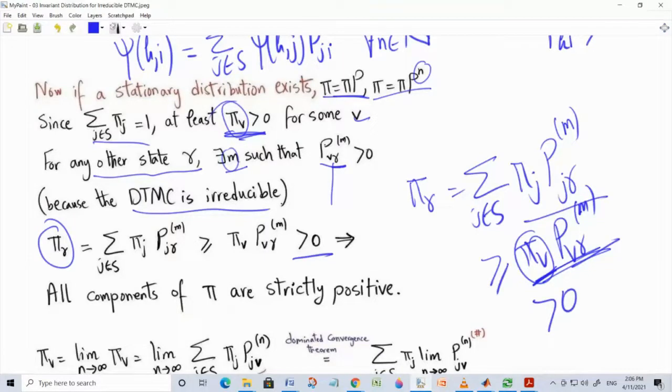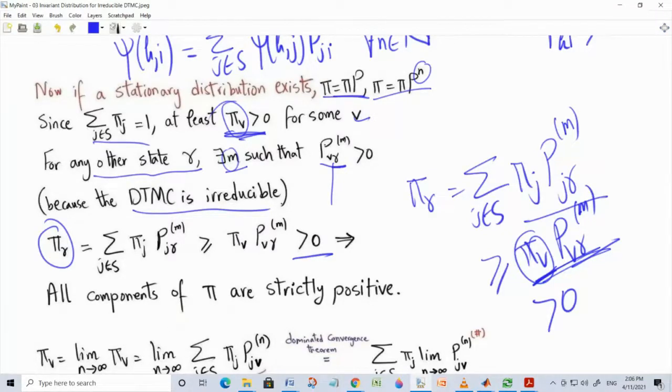So if we start our argument by saying we have an irreducible chain. Now I am not saying that one state is positive recurrent or anything. I am saying that there exists a stationary distribution.